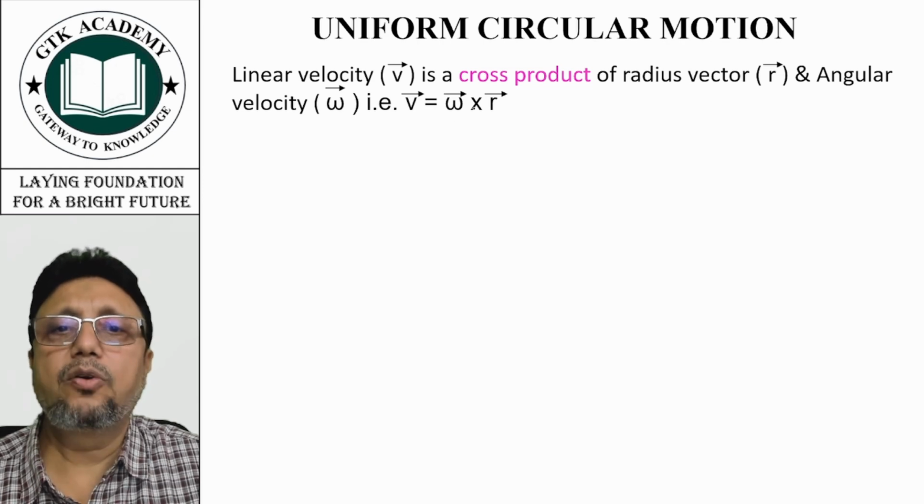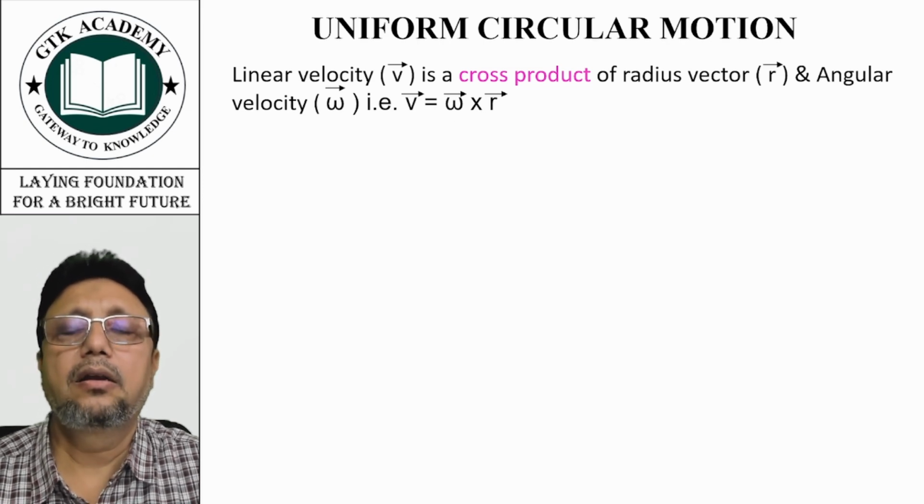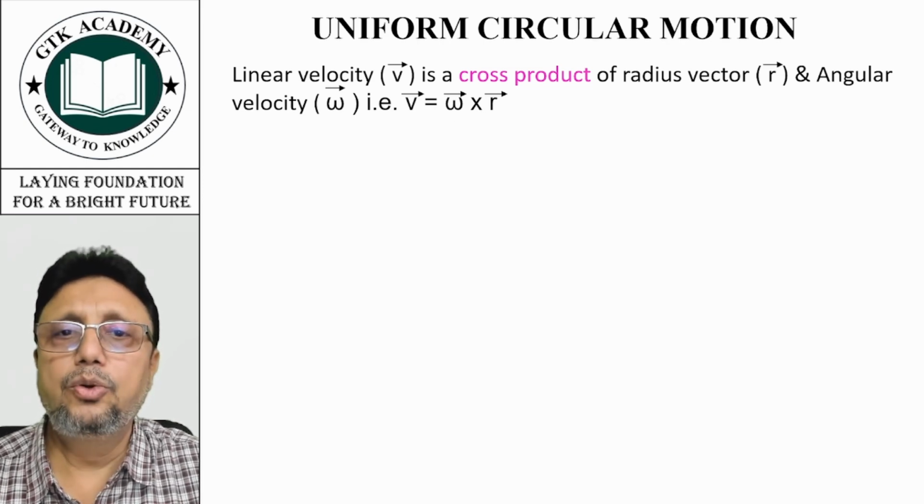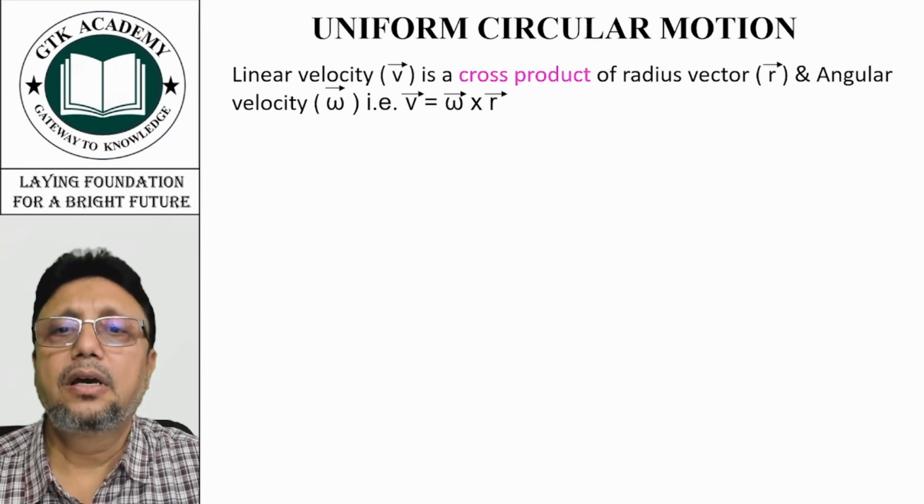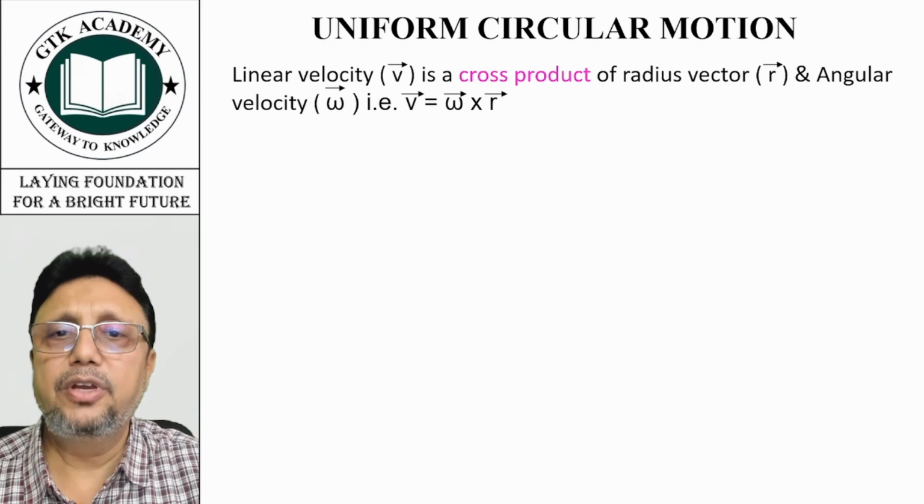Now v is equal to omega cross r. I hope that you know how to find the direction of cross product. I have discussed this in my video scalars and vectors, that is the first video, but still we'll just quickly have a recap of that.